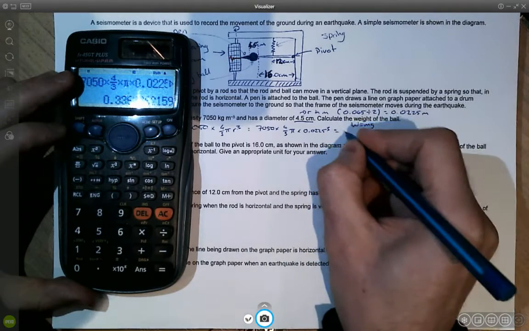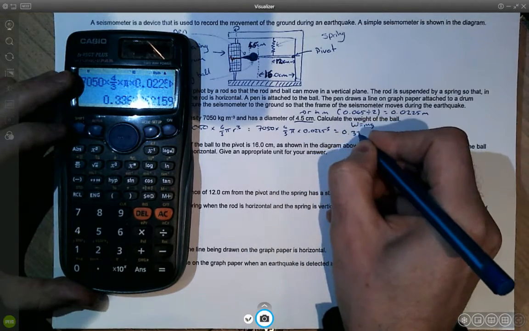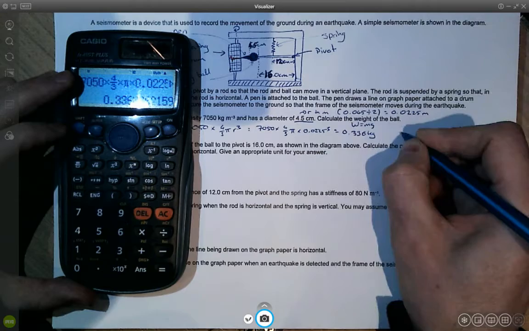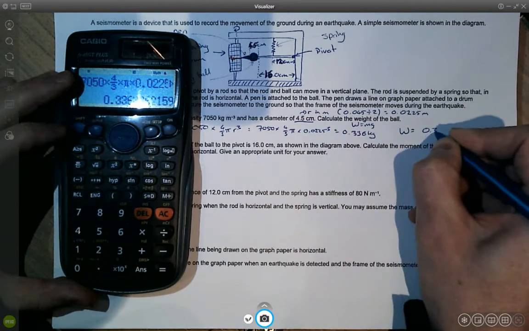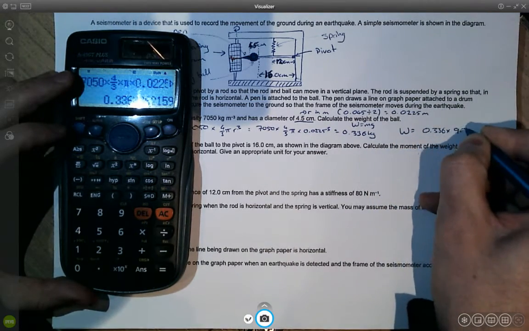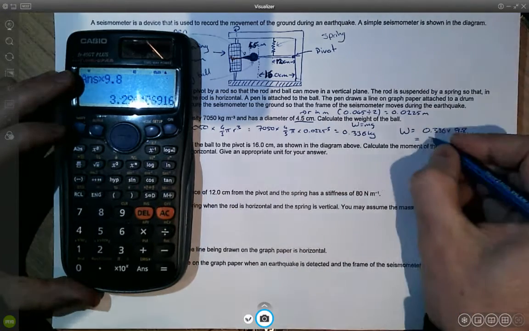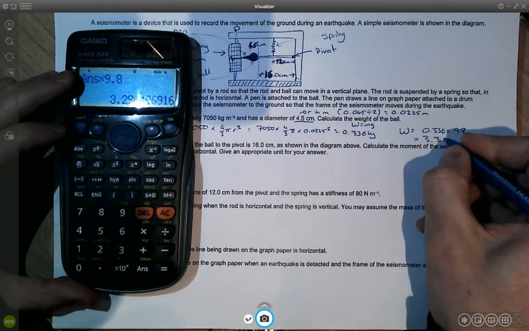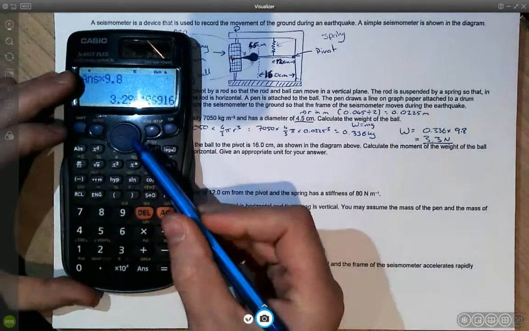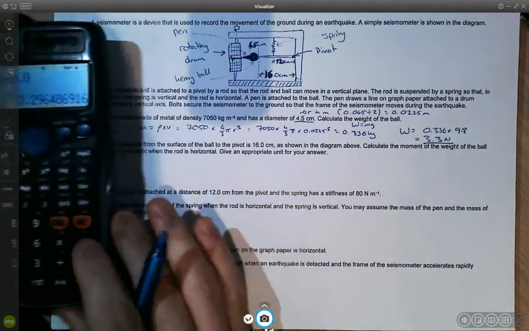Which is 0.336 kilograms. So the weight is 0.336 times by 9.8, which is 3.3 newtons. Right, rounding that up to two significant figures, because that's what we've been given in the question.